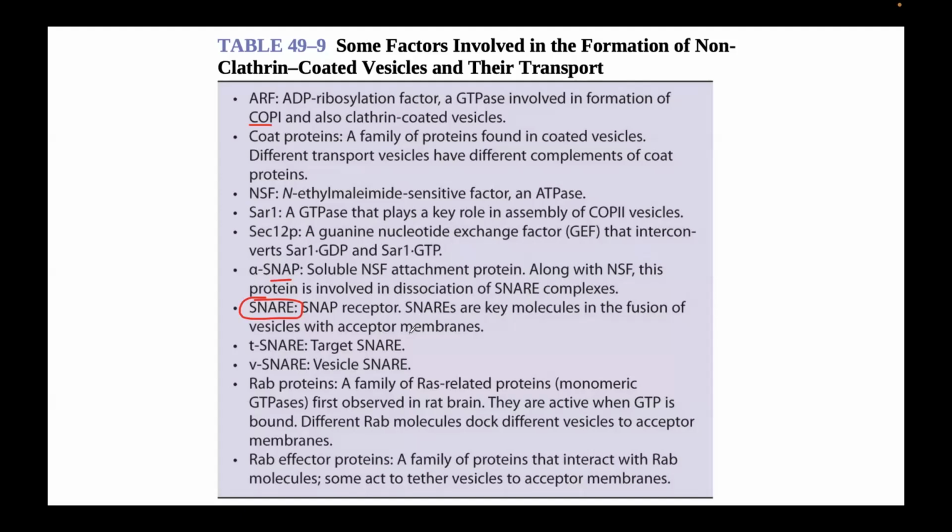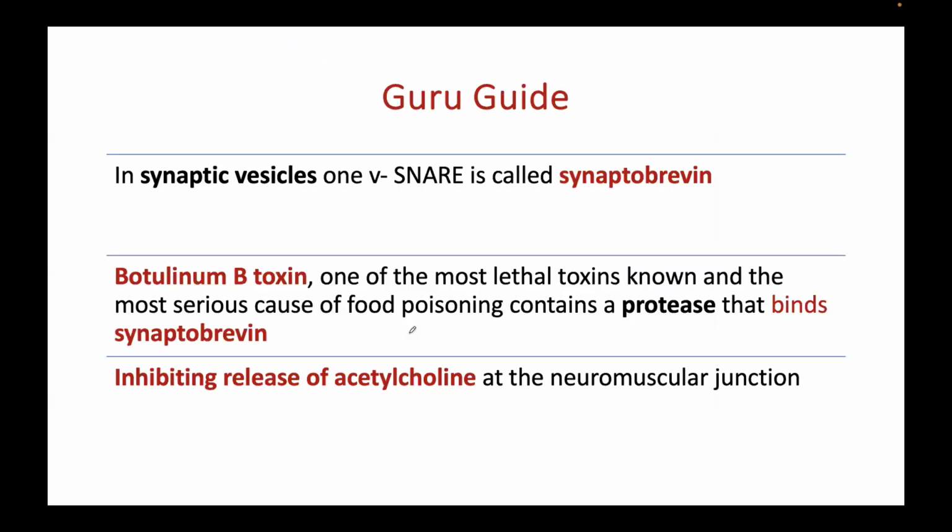Now, let's go to the back of the book. This is now where the exam comes in. So in the synaptic vesicle, there's a SNARE protein known as synaptobrevin. This binds with botulinum toxin.